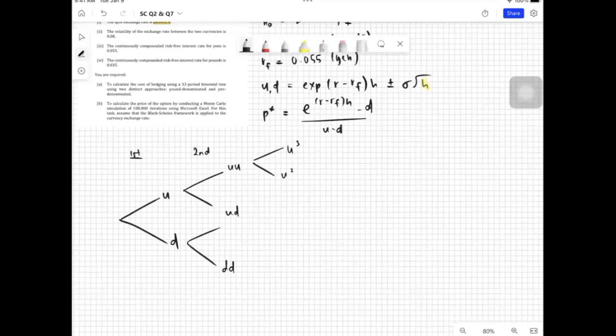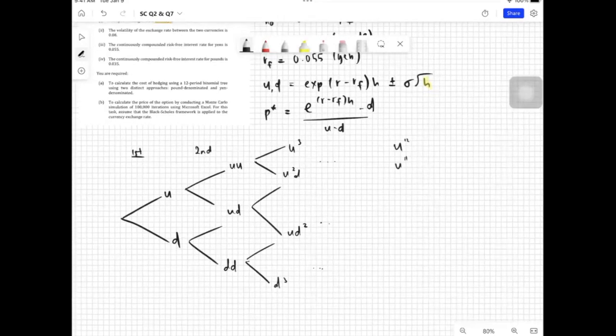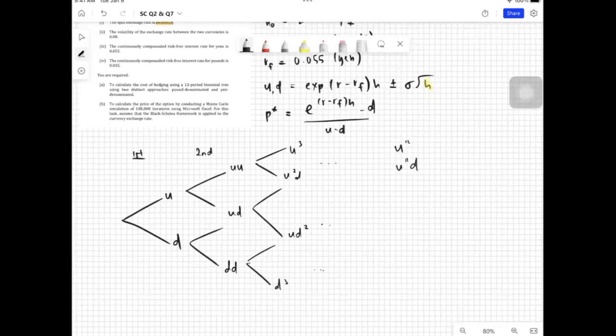down twice, and then this is d cubed. We will continue this process for 12 periods. Your terminal period will consist of u power 12, then u power 11 d, then u power 10 d squared.